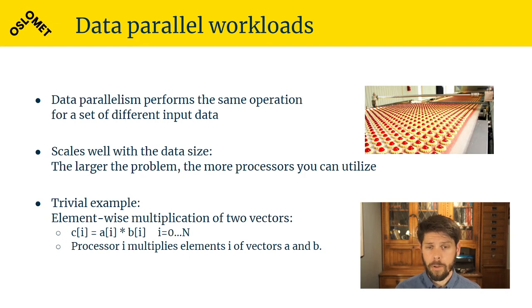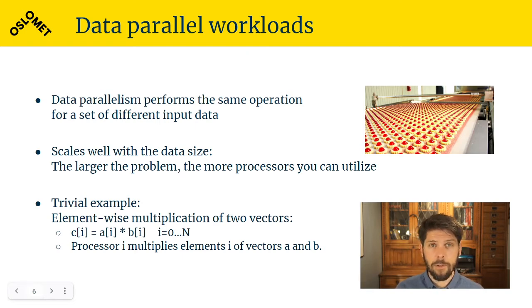And one example here is the vectorized multiplication of two vectors. So element-wise, that is. So if you do A multiplied by B, and these are vectors of 1,000 elements each, you can do things like shown here. C of I is equal to A of I plus B of I. And you see that every element I in this, so element 0, 1, 2, 3, 4, goes to different processing units.